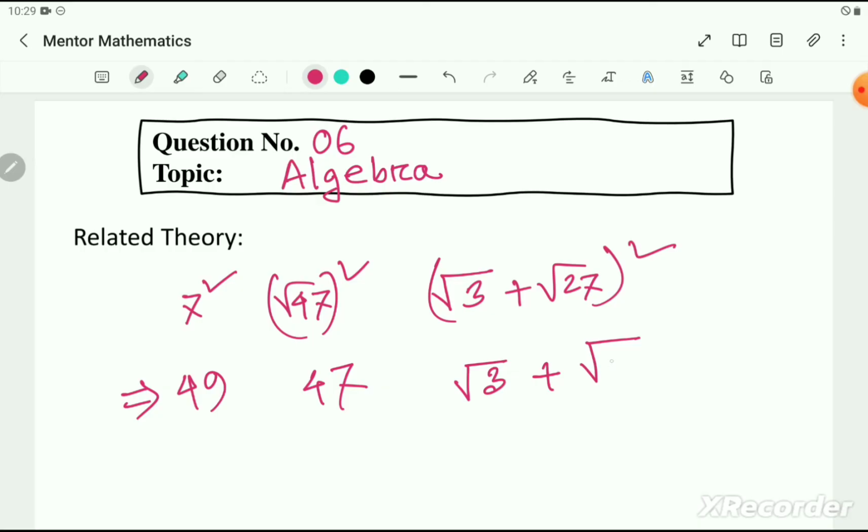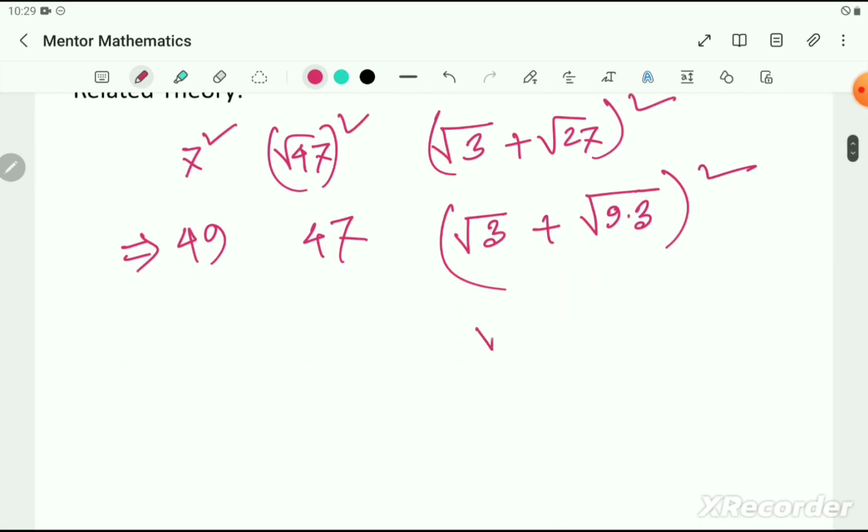We can write this way, like 9 multiply 3, then it becomes 27. So we can write root 3 plus 3 root 3. We can write like this.